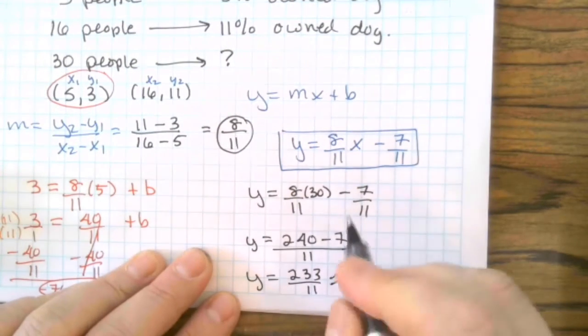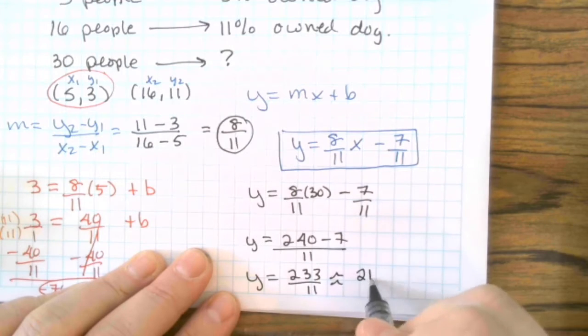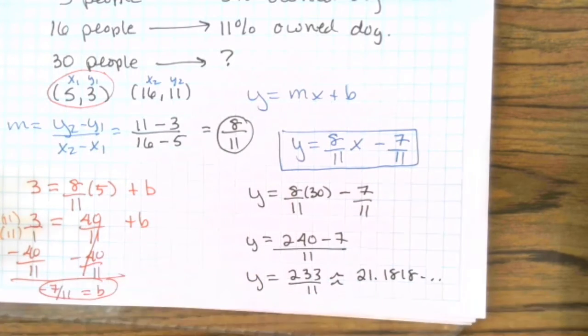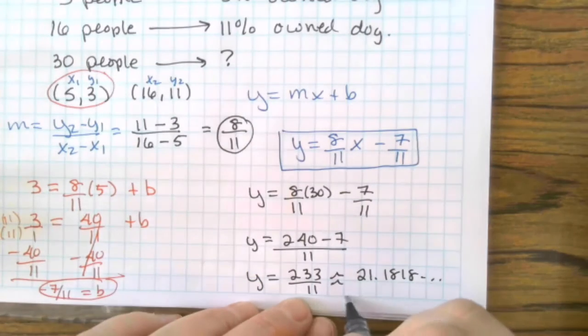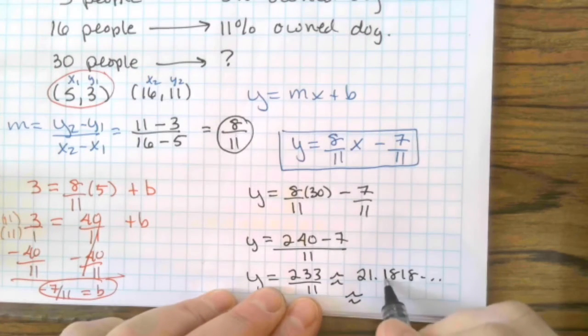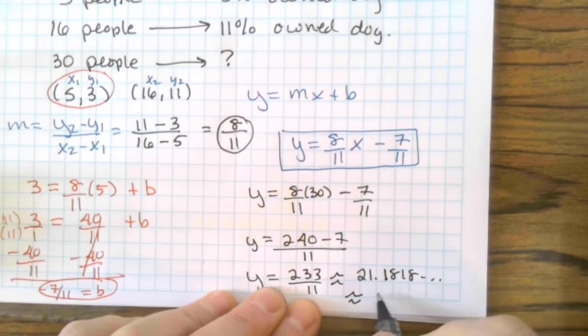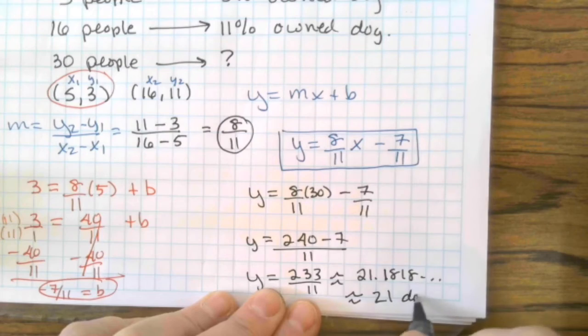And when you run that through a calculator, it's 21.1818. So you're going to round. 1 rounds 21 to stay 21. It would be 21 dogs.